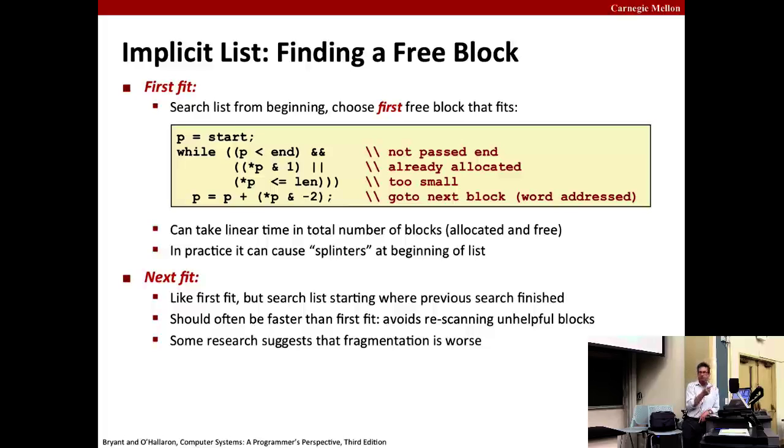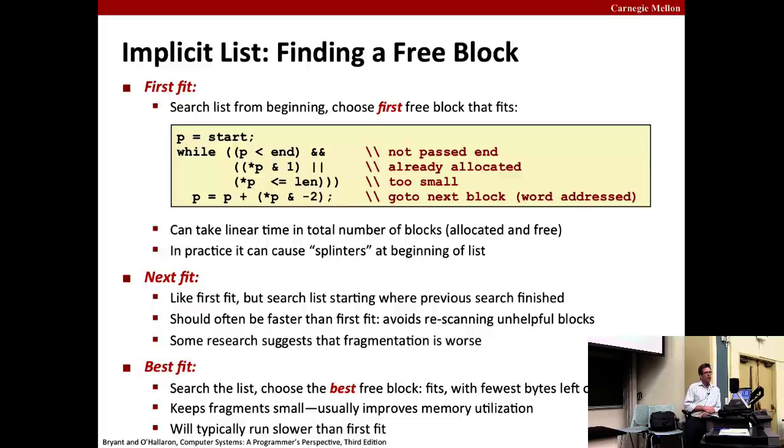And the next time a request comes in, we pick up the search starting where we left off. Now this seems like it would be a good idea, but empirical studies that people have done have shown that this actually results in worse fragmentation. So you can consider it, but it's generally probably not the best thing to do.